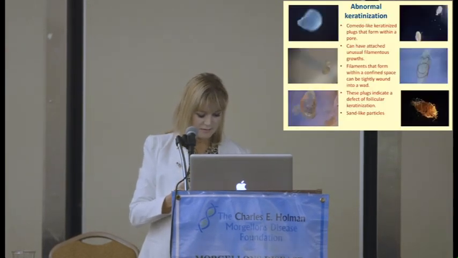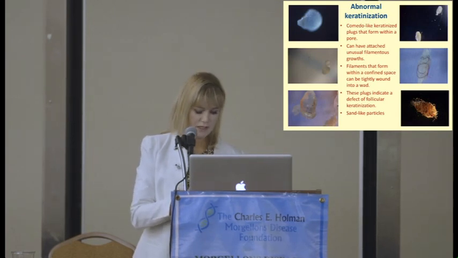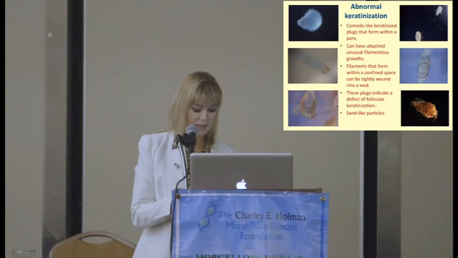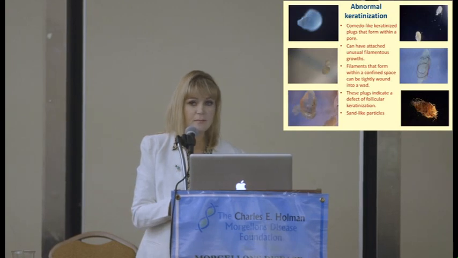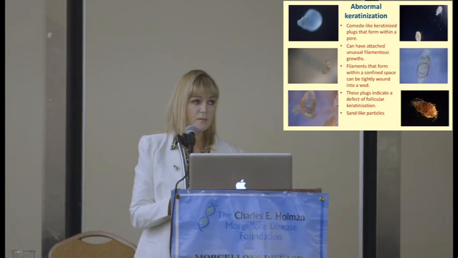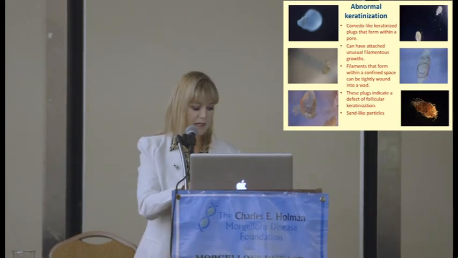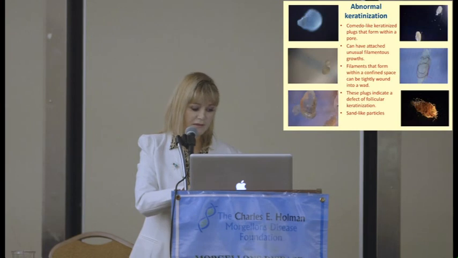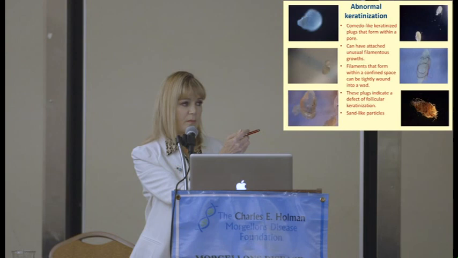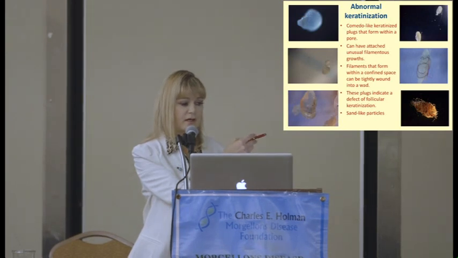So there's evidence of defective keratinization in Morgellons lesions, and I talked a little bit about these comedo-like things, and we heard that early scientists also described these comedo-like or sand-like granules, and these can form within pores. They're composed of keratin, and they feel a little bit like sand, and unmagnified they look like sand, but when you look at them under the microscope, they're consistent in shape with a comedo.